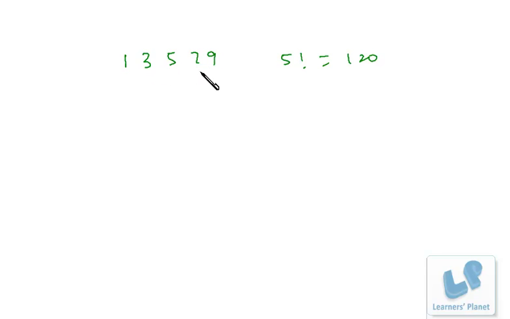Now I have to find out the sum of all these 120 numbers. Obviously I cannot write all the numbers. Now the funda is, I'll just take the average value of one number. So the smallest number will be 1 3 5 7 9, and the biggest number will be this 9 7 5 3 1, right? So what's the sum?